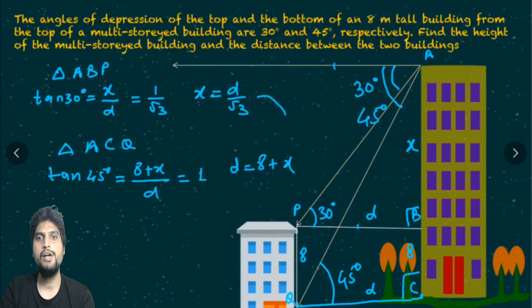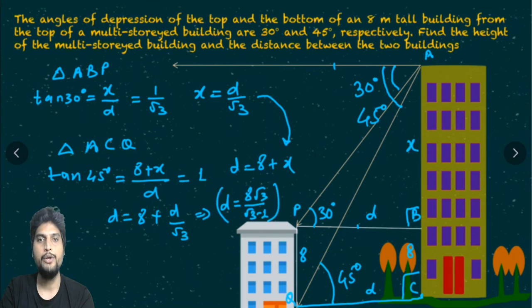So let's put this value of X in that place, and we'll get D is equal to 8 plus D upon root 3. So if we take this to the other side, it will be D minus D by root 3, and then the distance in terms of 8 will be D is equal to 8 into root 3 upon root 3 minus 1.